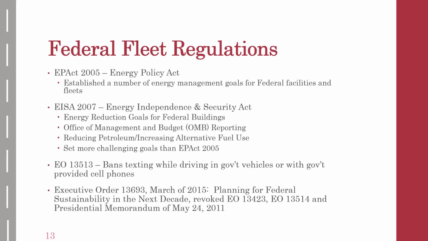In that, it basically incorporated and updated a lot of language from some preceding EOs, namely 13423 and 13514, and also updated requirements of a presidential memorandum that was issued on May 24th, 2011, which I think was called Federal Fleet Performance.